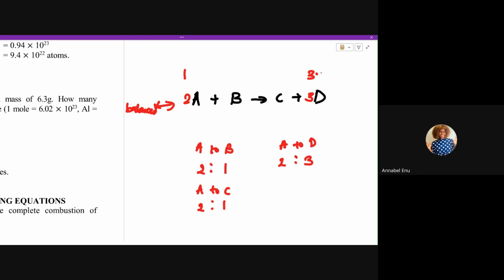Yes, mole per dm cube. That's one of the units, so it can be regarded as the standard unit. Concentration can also be in gram per dm cube.